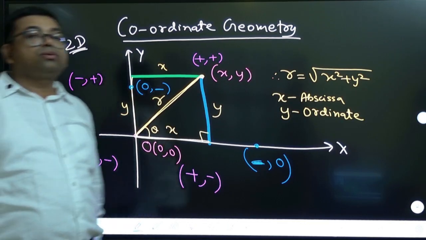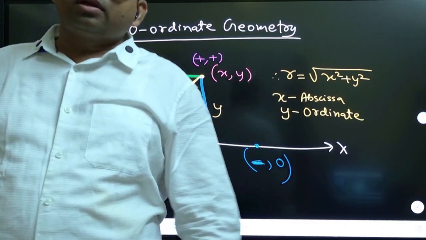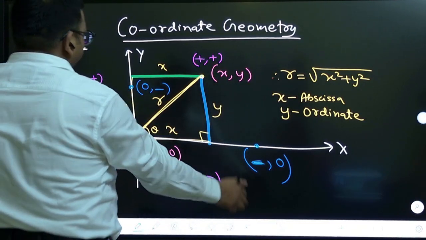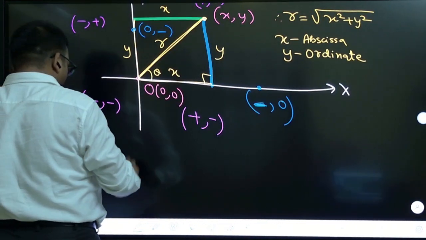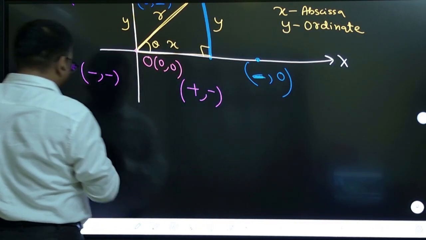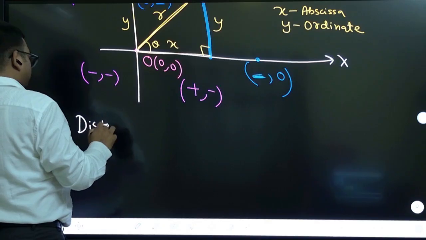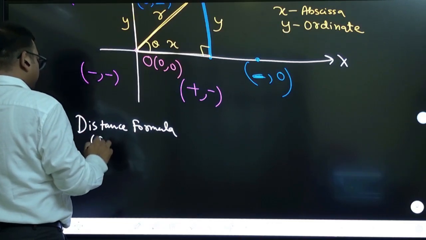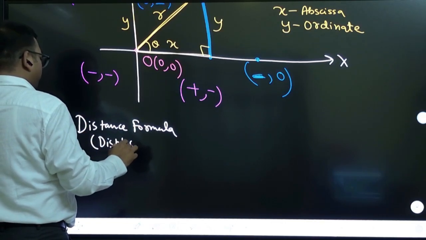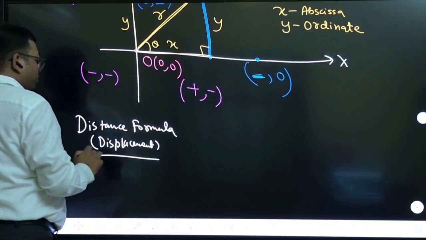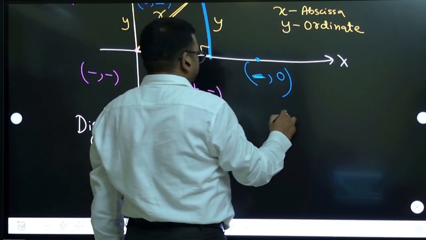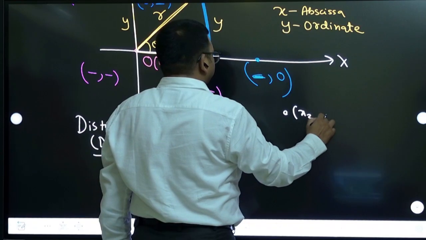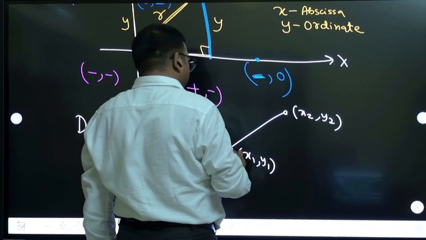Then what else do we need here? We need an important formula, the distance formula, which you have studied. Actually it is not distance, it is the displacement formula. In between two points, let us say this is x1 comma y1 and this is x2 comma y2, what is the distance between these two points?